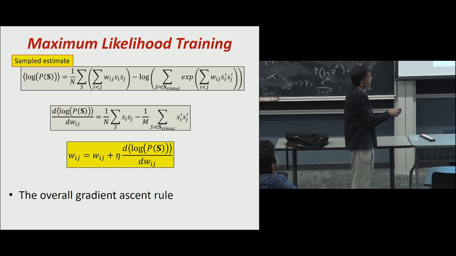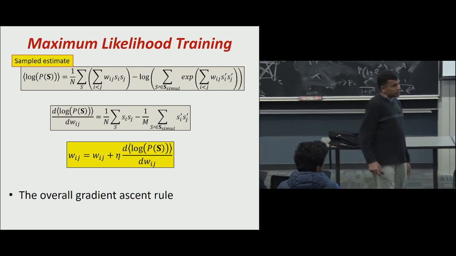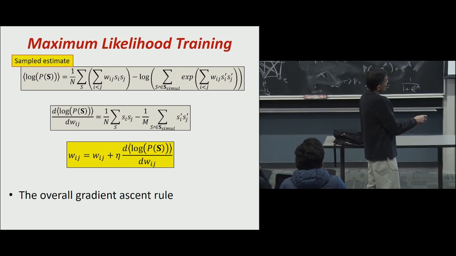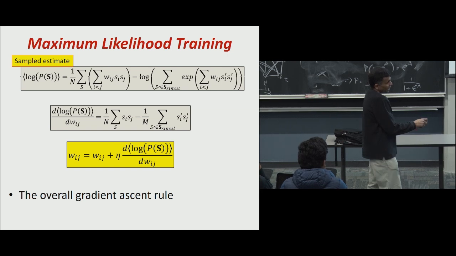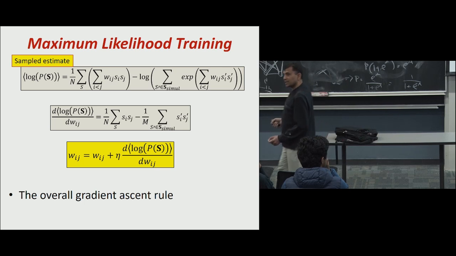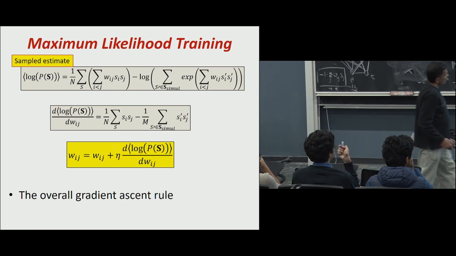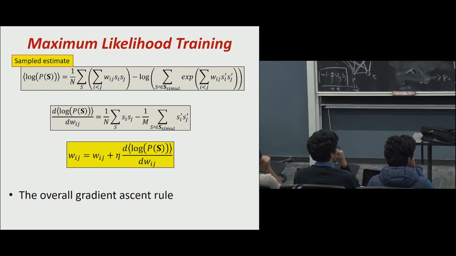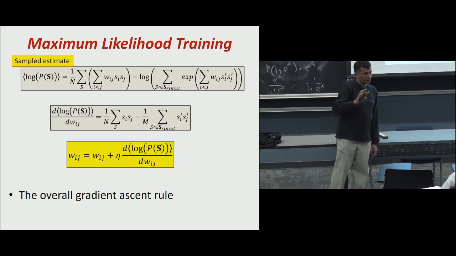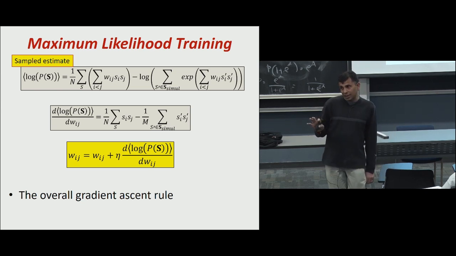And this second term you're going to draw by just letting the current network run several times and drawing samples from it. And then the overall derivative is going to be the difference between this first term and the second, which is the average of the products of the sample values that have been drawn from the Boltzmann distribution. And then finally, you would update your weights using a standard gradient ascent rule. The math, there's nothing complex about it. It looks a lot more complex than it really is.